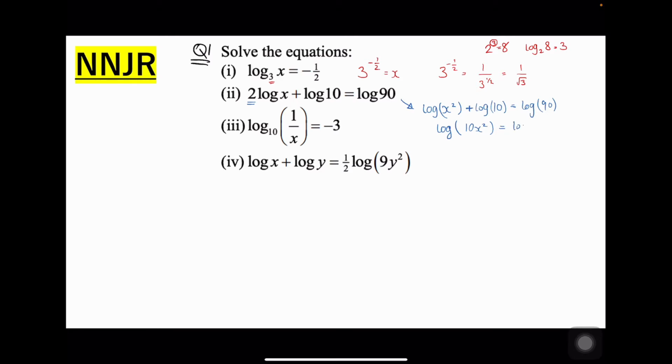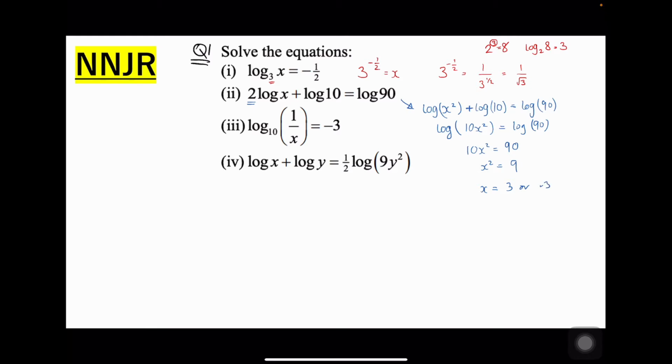equals log 90. So of course that means 10x squared equals 90. Divide both sides by 10, we get x squared equals 9. x equals 3 or -3.